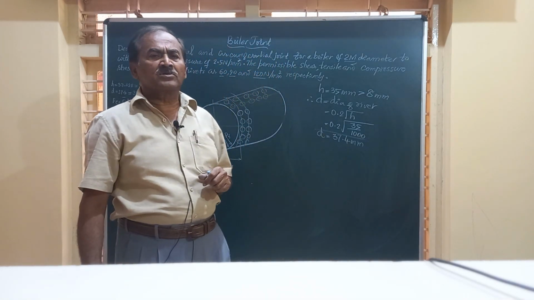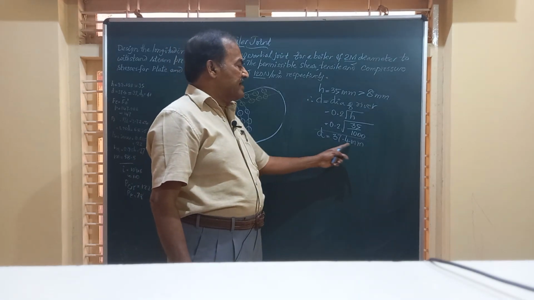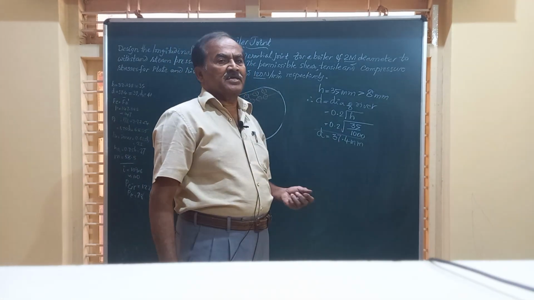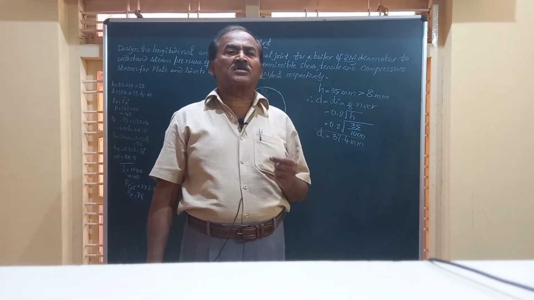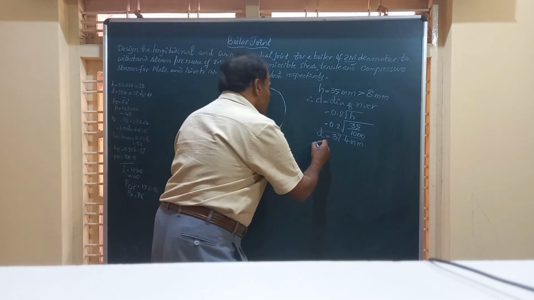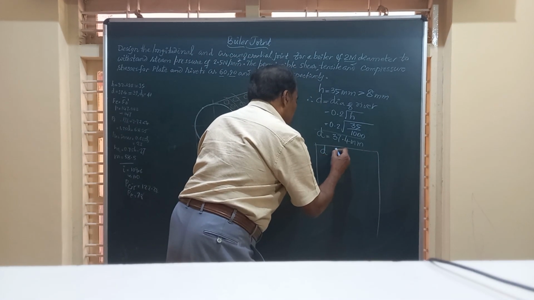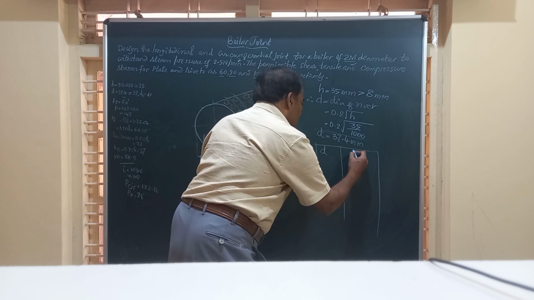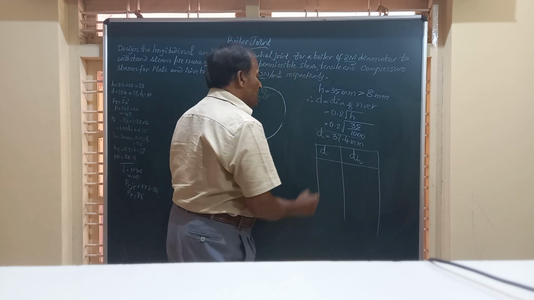But friends, as design engineers, we cannot simply take whatever value we get here, and we have to adopt what is called the standard size of the rivet required. In the handbook, there is a table in which the standard diameter of the rivet and also the diameter of the hole to be drilled in the plate are given.